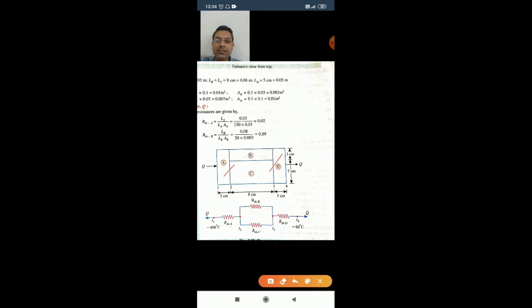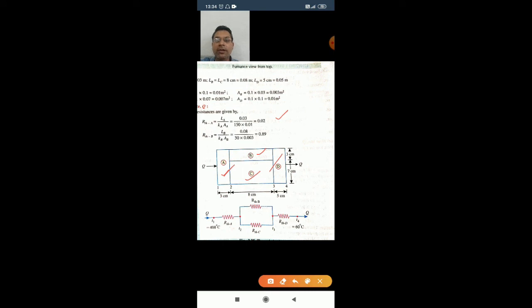So first of all, determining the thermal resistances of each surface, that is for A, B, C and D. So RTH for A will be LA over KA into area. Now you can see that since areas are different, the area of A will be different from B and C, therefore the area of each is considered.